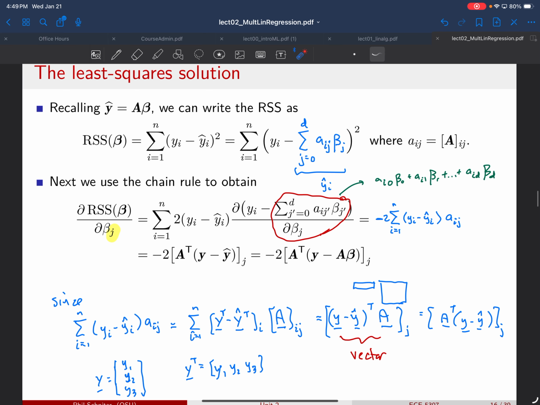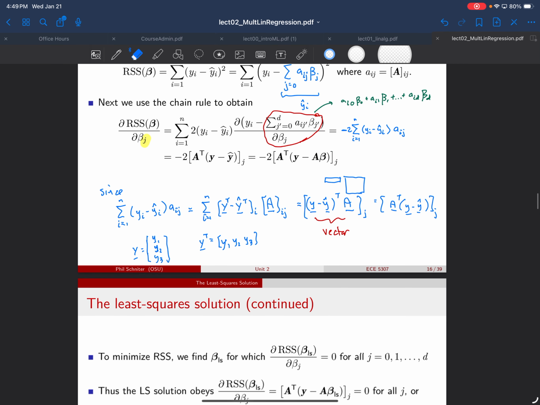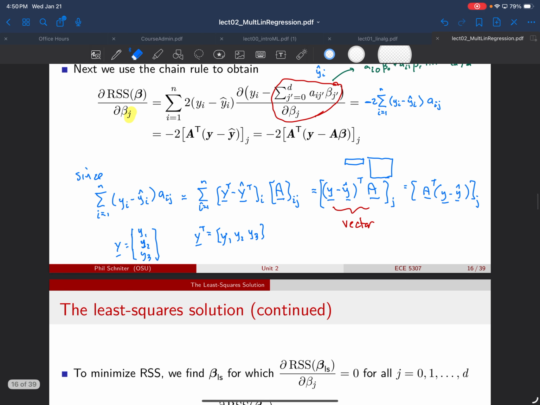And just to step back, what we're saying is now we know that the slope in the jth direction, or the jth component of the gradient vector, has this expression. So our plan is to find the beta for which we can zero that jth slope for all the different j.